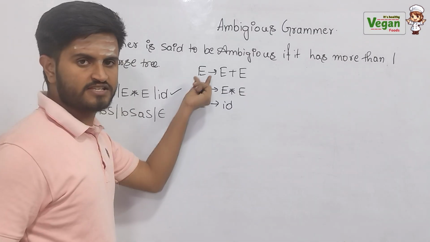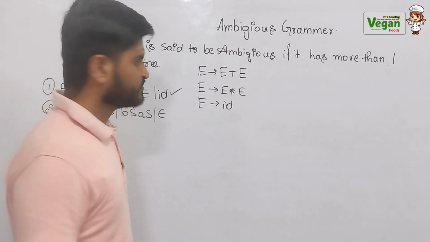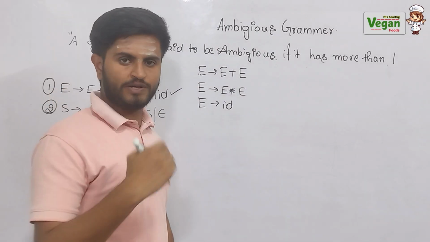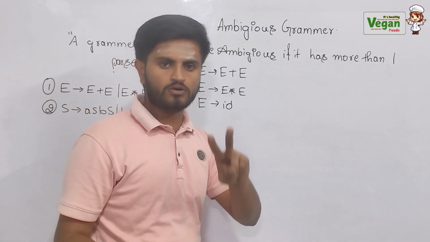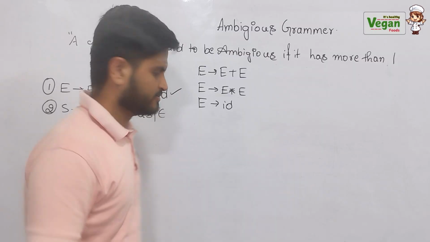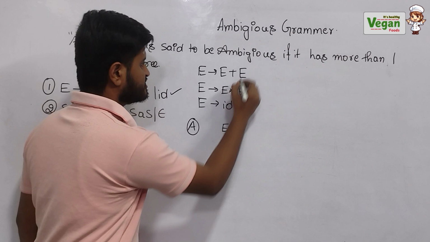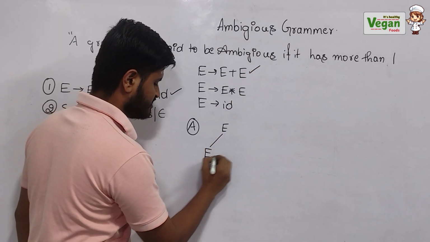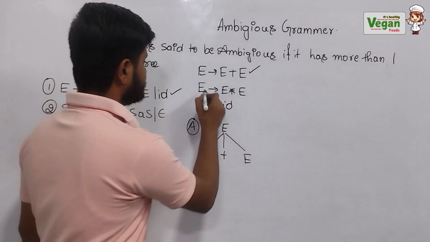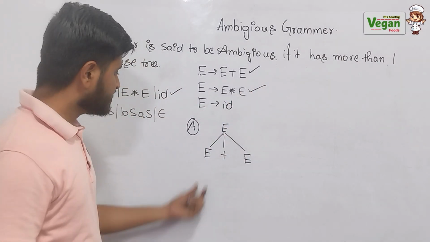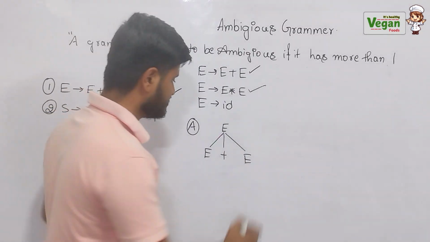Since the left-hand side is equal in all three productions, you can write it in a single line only. Now I will try to construct more than one parse tree. If I construct two parse trees, I can say this grammar is ambiguous. First, E is producing E plus E. Next, E is producing E star E. I can consider this E or this E, so let me consider this E itself.